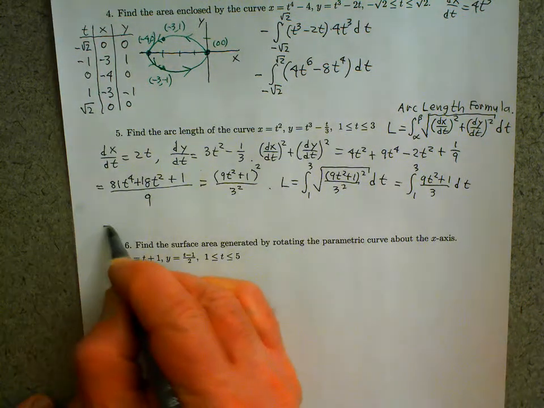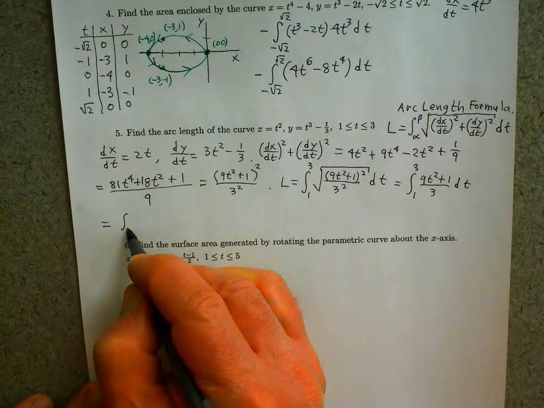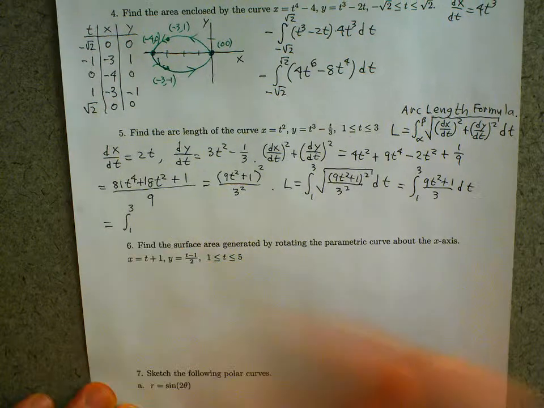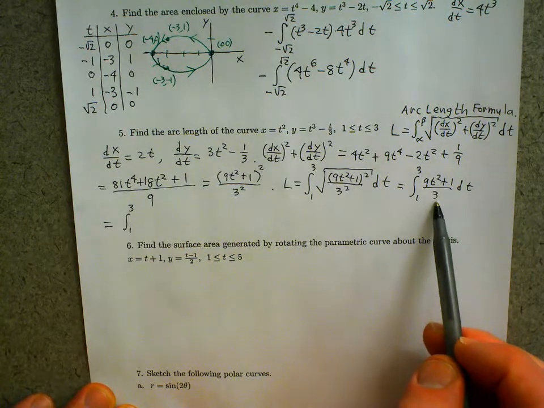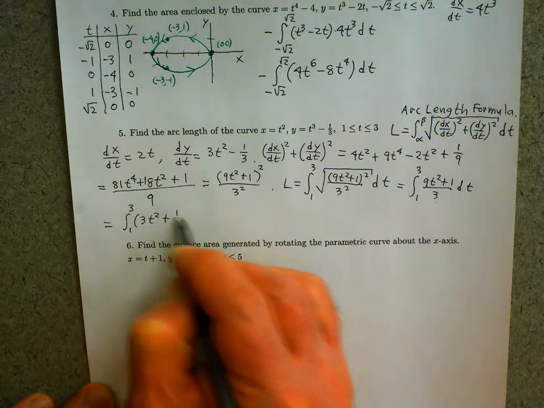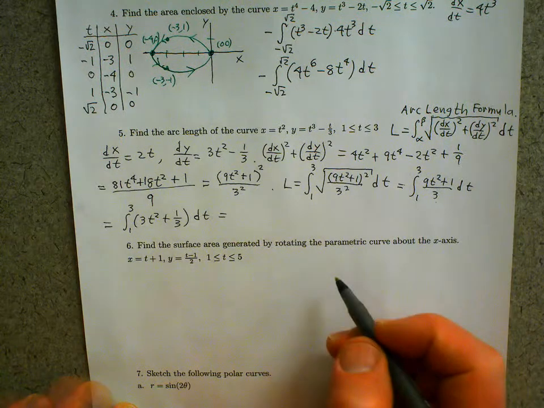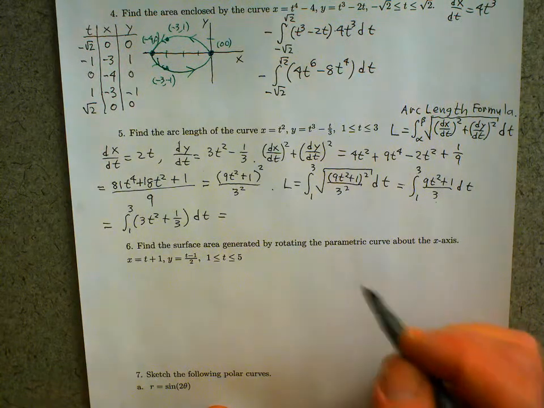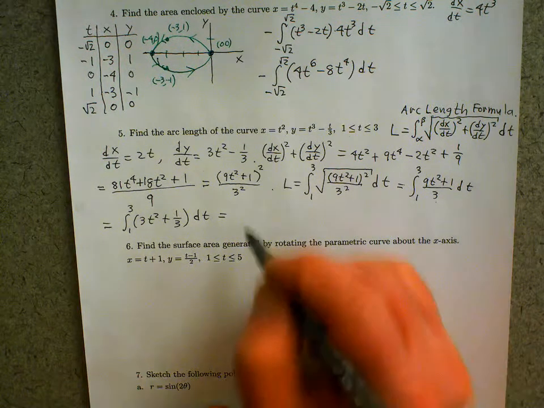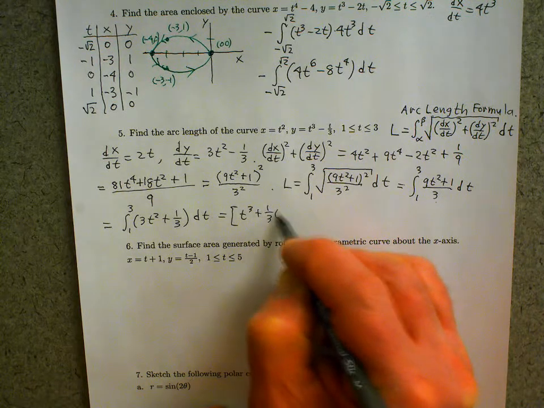So let's keep going. Simplify the integrand a little bit. 9t squared over 3 is just 3t squared, and then plus 1/3. And then an antiderivative of 3t squared plus 1/3 is t cubed plus 1/3 t.